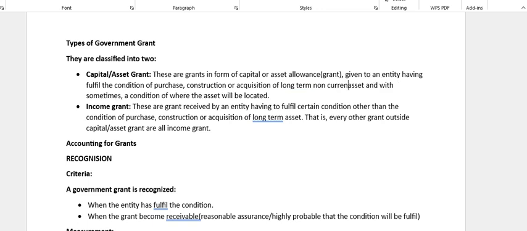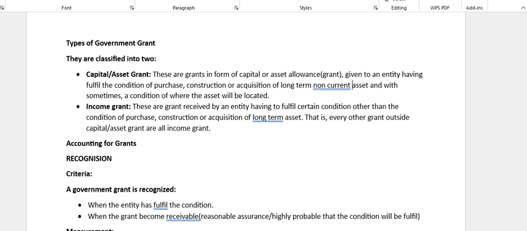If you are constructing, purchasing, or acquiring a long-term non-current asset, that type of grant that you receive is known as capital or asset grant.